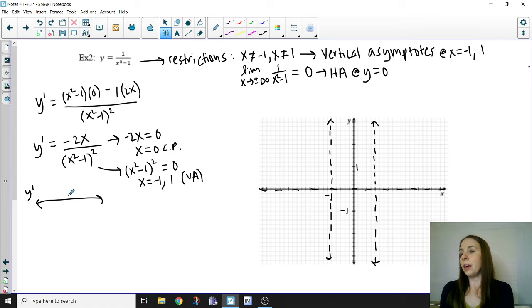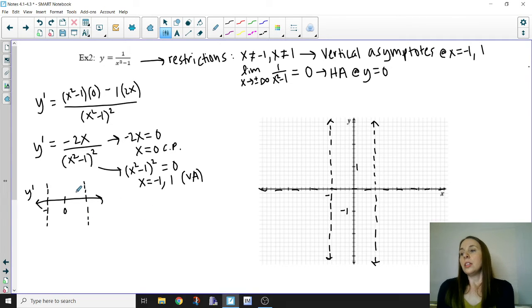Okay, so I'm going to definitely put my critical point here. But also, I would advise that you put your asymptotes so that you know that you can't use those values when you're testing for signs. And I even sometimes do this just to remind us that those are asymptotes right here.